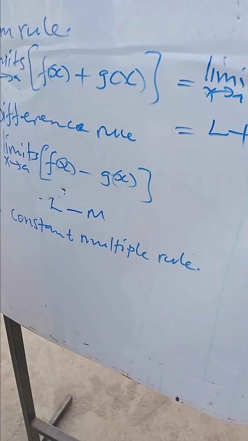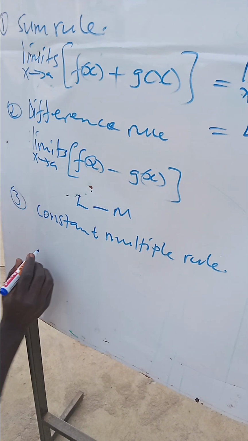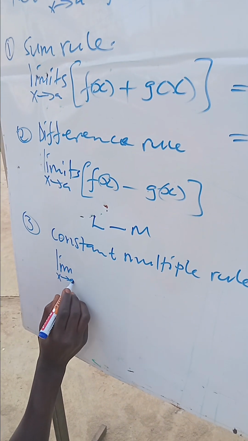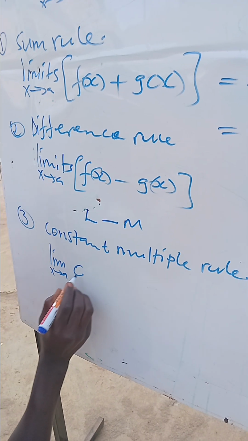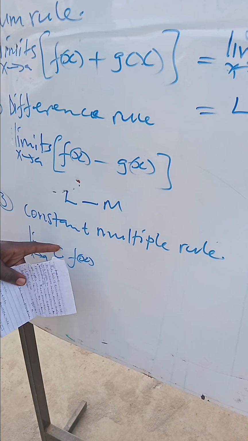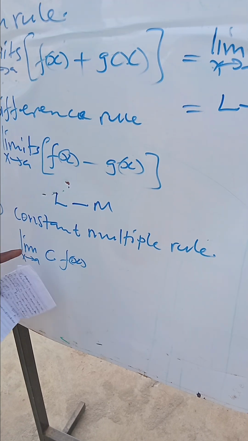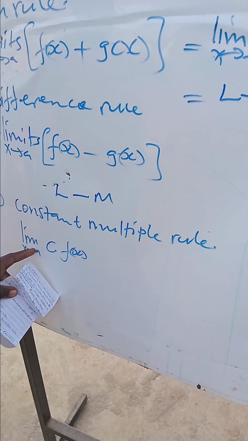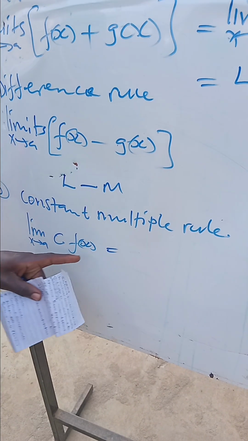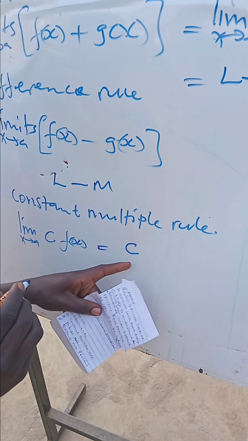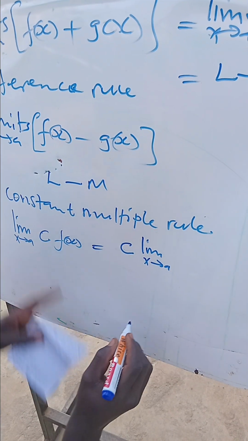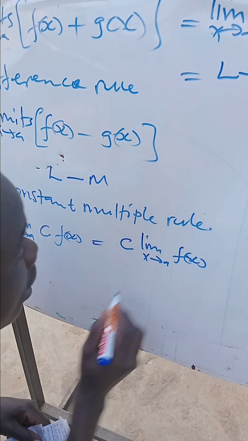A constant multiple rule states that the limit as x approaches a of c f of x, where c is a constant multiplying the function f of x, can be written as c multiplied by the limit as x approaches a of f of x.